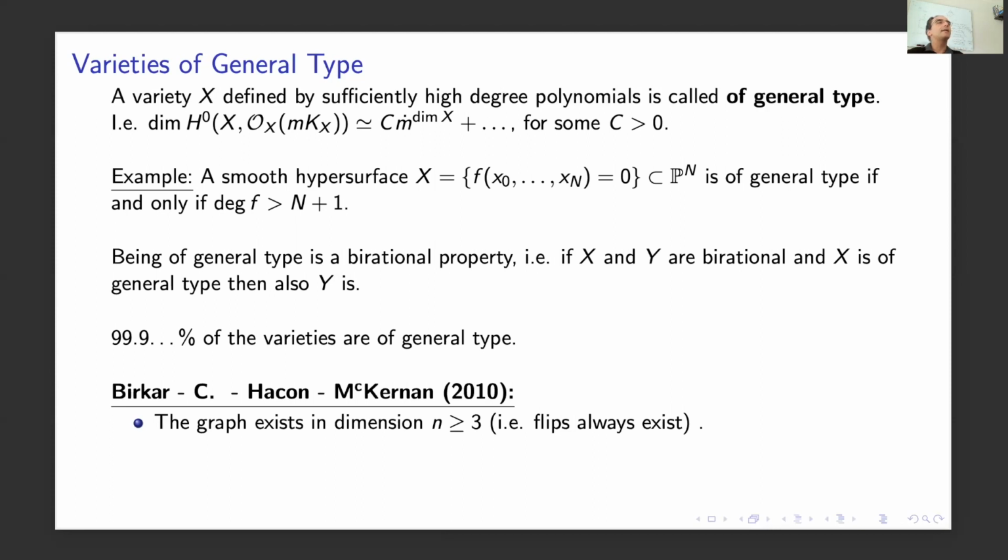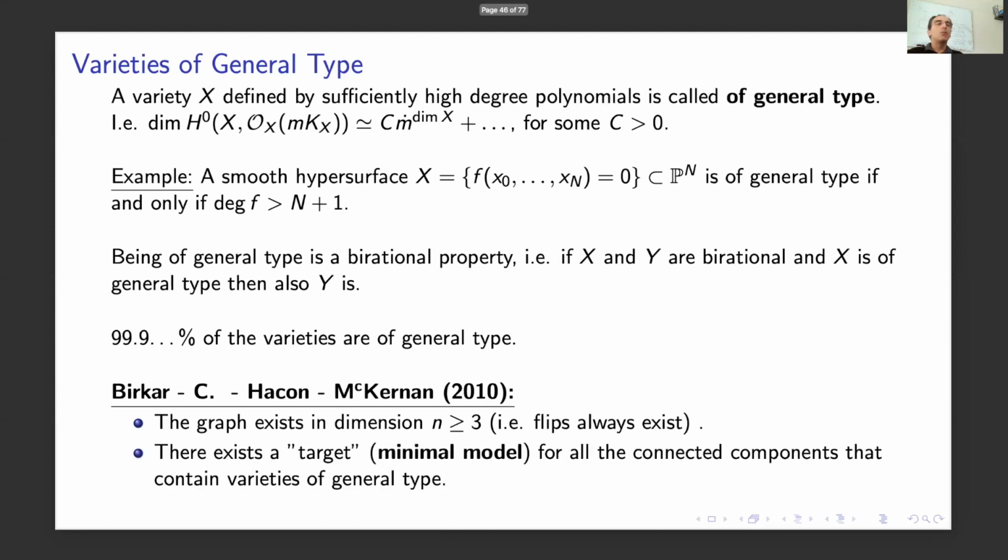Okay, so why did I define varieties of general type? Well, the reason is that in this particular case, if we consider the connected components of varieties of general type, and remember, since being of general type is a birational property, it doesn't really matter if you take one or all of them. Inside the connected components, they are either all of general type or none of them is.